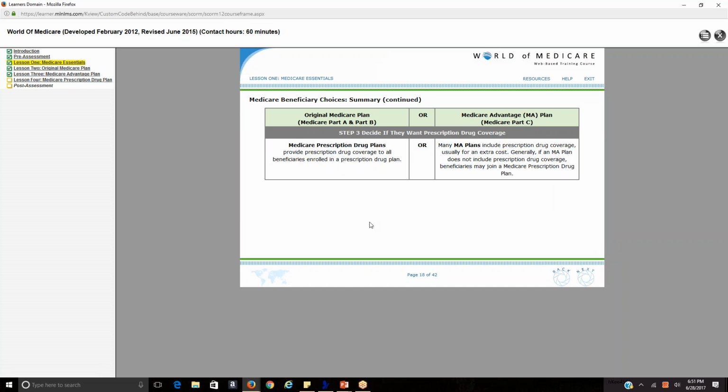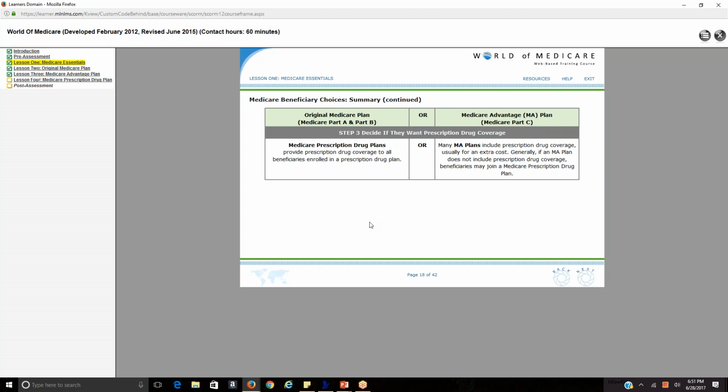Okay. The next choice that you would have if you're a beneficiary is, do you want a drug plan? And so again, if you have Medicare Part A and B, the original Medicare, then you would have to choose a drug plan or choose a Medicare Advantage plan that includes prescription drugs.